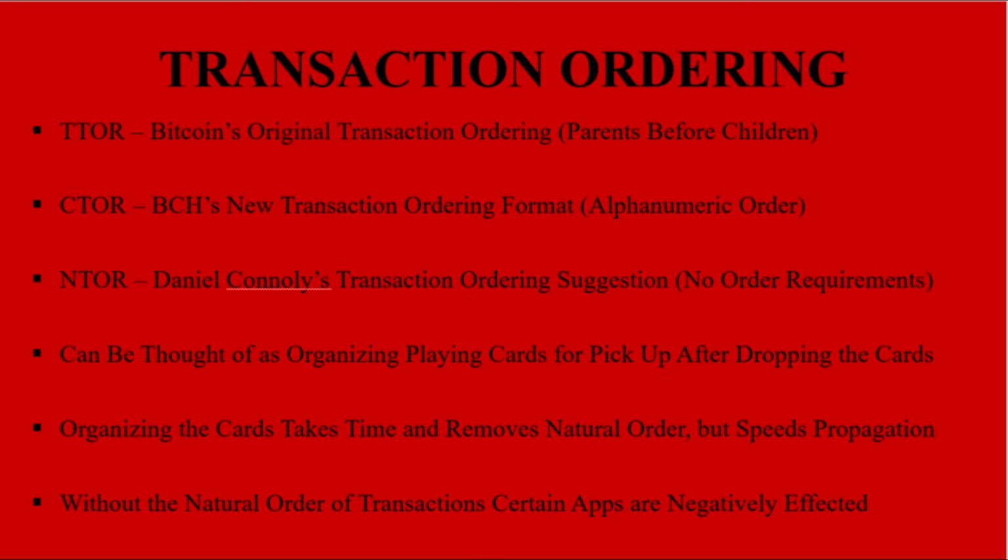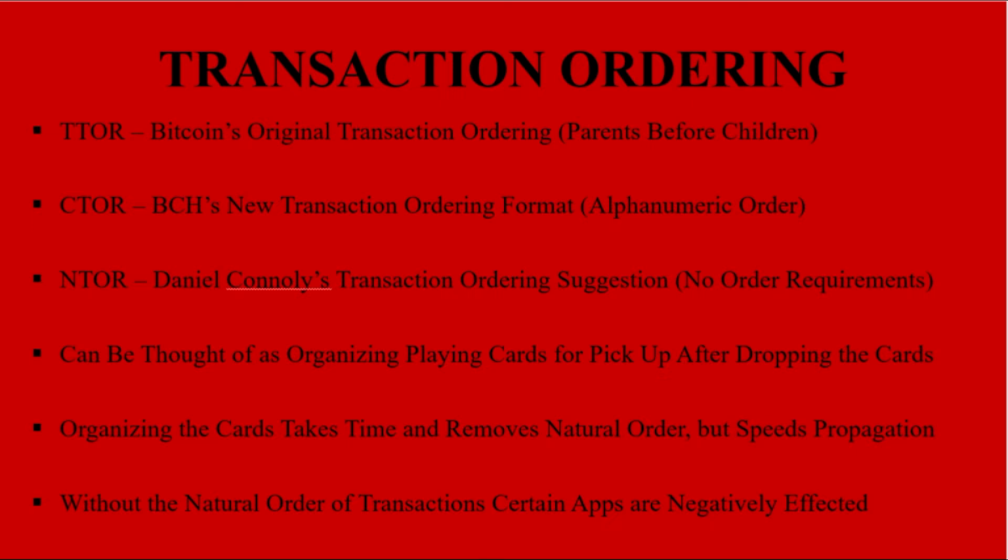And one way you can think about this that a lot of the developers have been talking about recently, if you want to try and visualize what ordering means, it's like, let's assume you throw down a bunch of cards on the ground. Transaction ordering is how you organize the playing cards for pickup. So with topological transaction ordering, there's no real way to put it into this, because there's no parent and children playing cards.